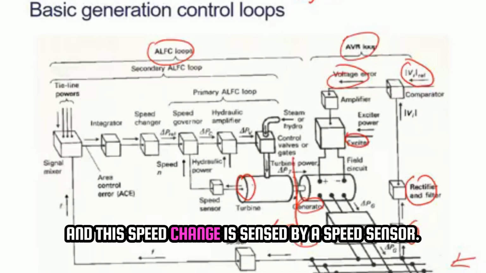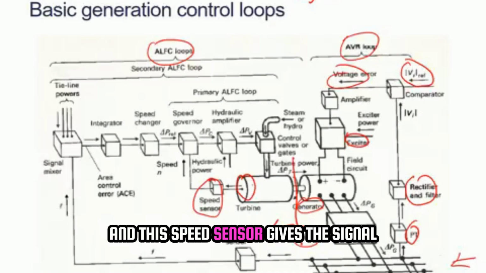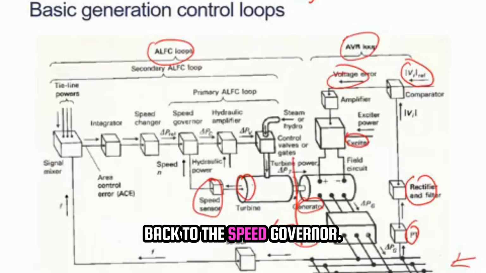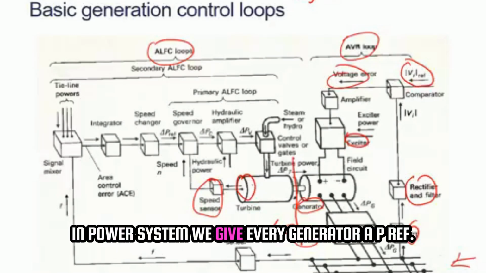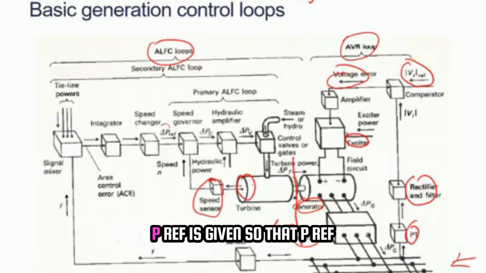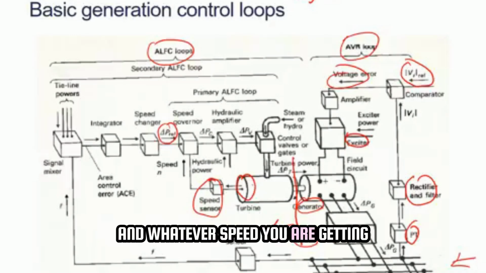This speed change is sensed by a speed sensor, and this speed sensor gives the signal back to the speed governor. Here in the speed governor, in power systems, we give every generator a PREF. So that PREF and whatever speed you are getting from the turbine, that speed is there.